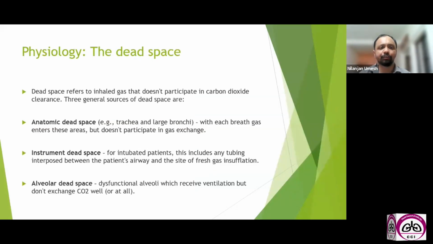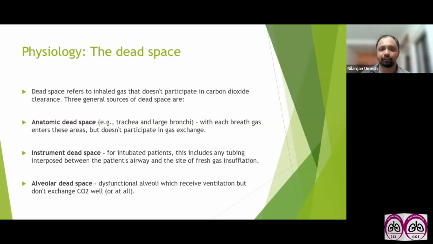Now coming to basic physiology. What is dead space? Dead space refers to the inhaled gases that don't participate in carbon dioxide clearance. There are mainly 3 sources of dead space: the anatomical dead space, which consists of the trachea and the large bronchi, and with each breath, gas enters these areas but doesn't participate in gas exchange.